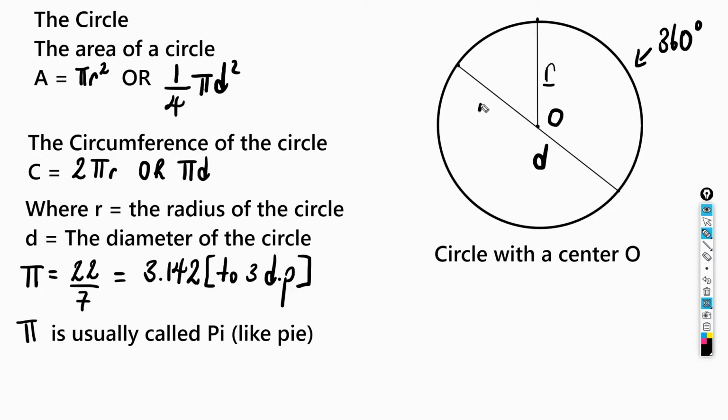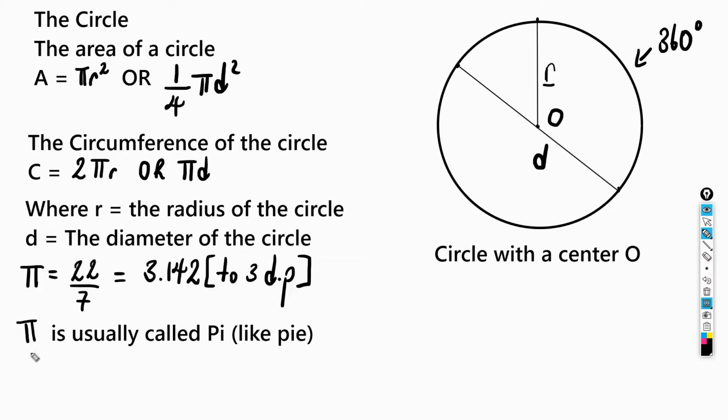This would be the radius also, from here to here, and from here to the center would also be the radius. The diameter is 2 times the radius, which is the length from here all the way to here.